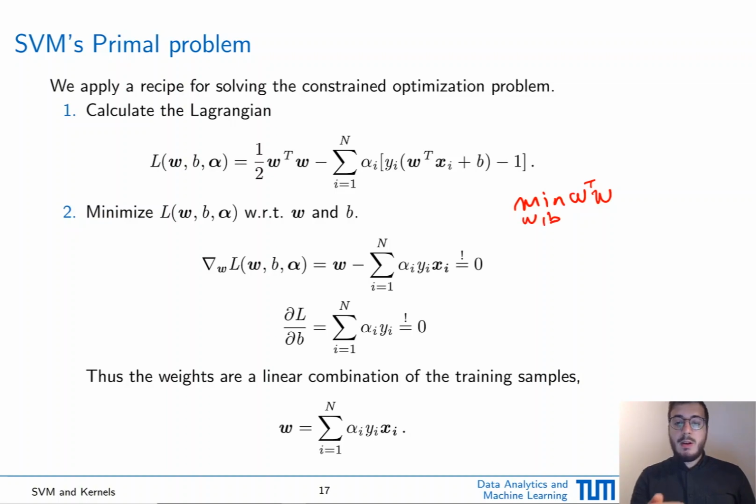subject to the constraints that all of the points are correctly classified. And those constraints were written as yi times (w transpose xi plus b) minus 1 should be greater than or equal to 0. And this should hold for all i.